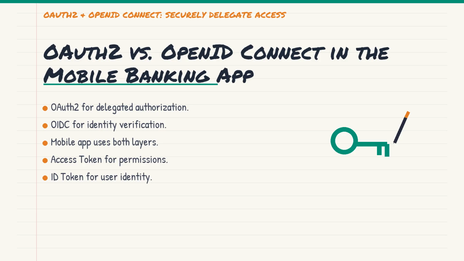However, when that same flow also provides the secure bank app with an ID token confirming who you are, your name, user ID, etc., that's when OpenID Connect comes into play, building on top of the OAuth2 foundation.